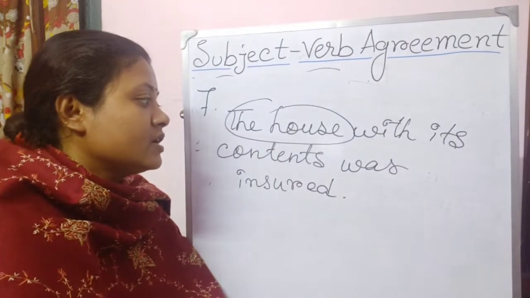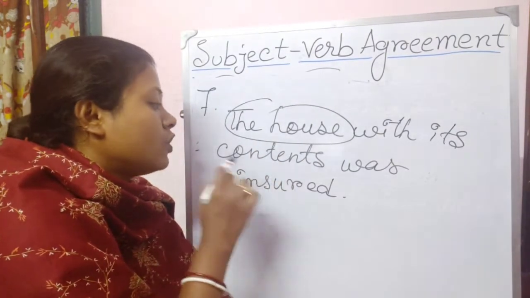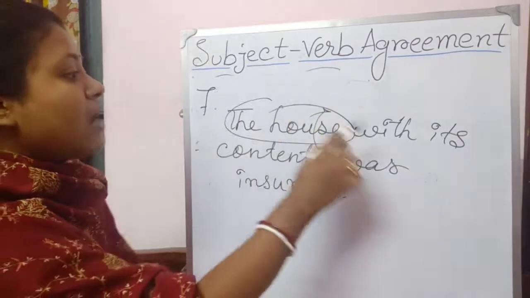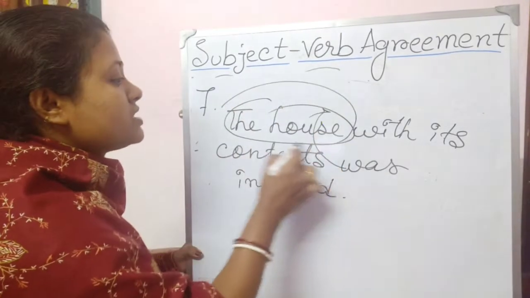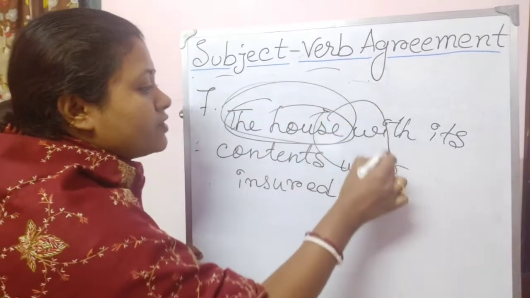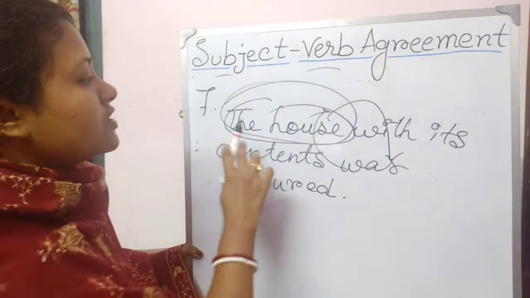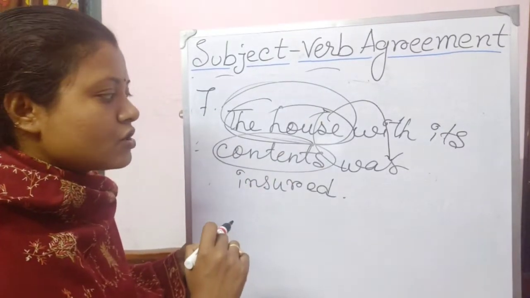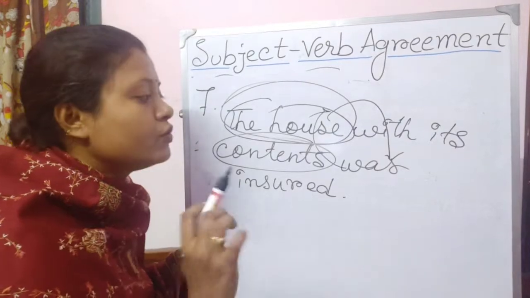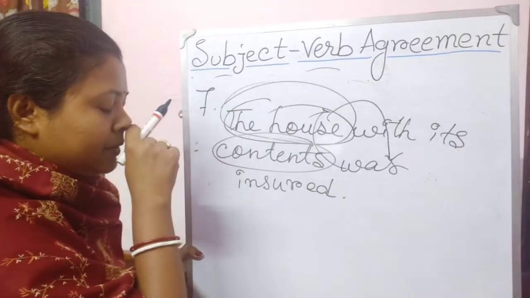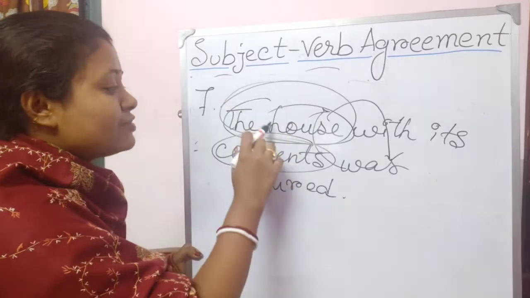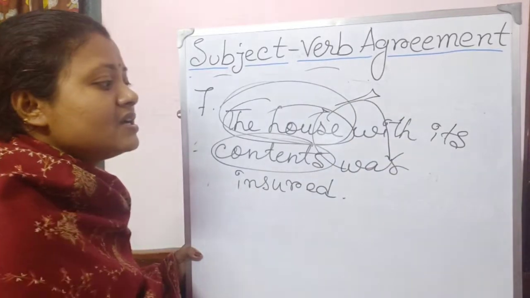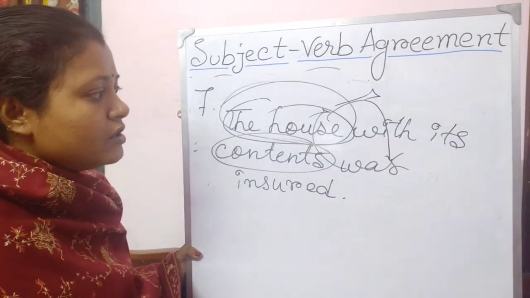The verb will obviously follow its first subject. So in the house with its contents, the house is the subject, so the verb will follow the first subject. The house with its contents was insured. Do not look at the word contents, do not look at this word that is plural in number. You will look at the actual subject. The subject over here is singular, the house. So that is why the verb will also be singular.